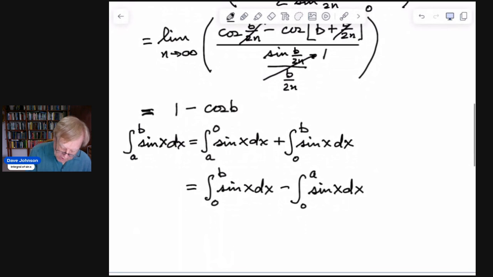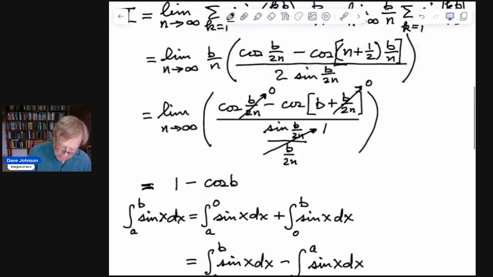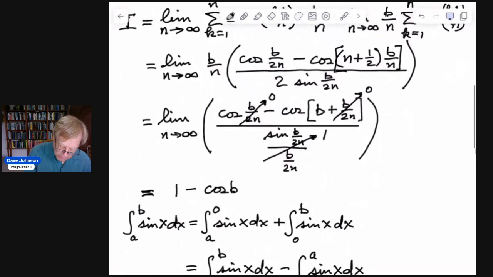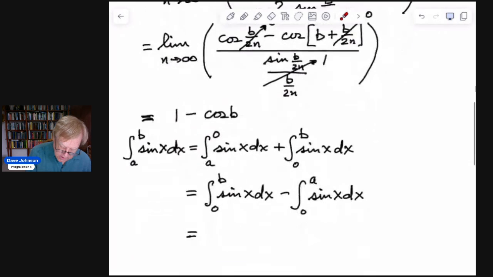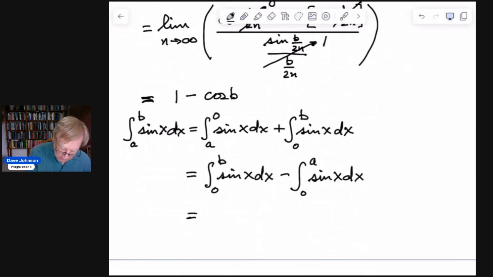And of course, this is going to be, as we've found right here, the integral from 0 to b gives you 1 minus cosine b. So let me write that. So 1 minus cosine b, and then minus the quantity 1 minus cosine a, because there's really no difference between a and b except their value here.